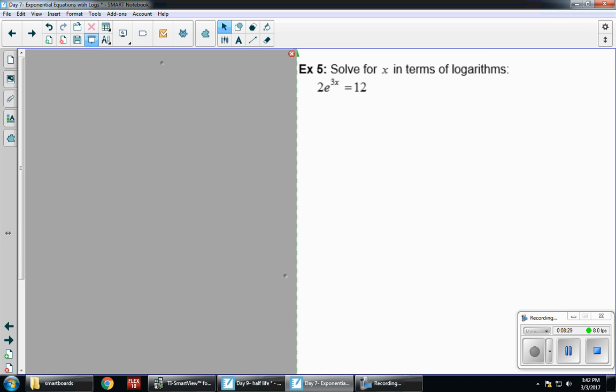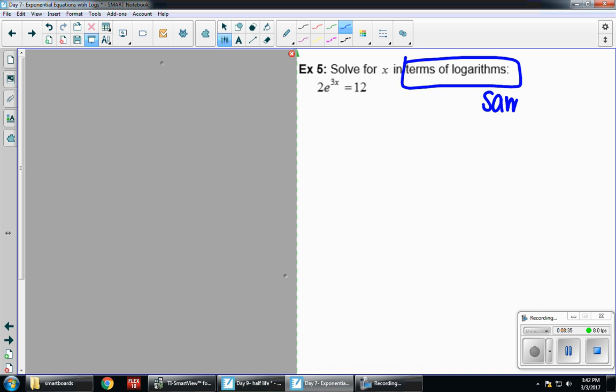Solve for x in terms of logarithms. So in terms of logarithms is the same thing as exact value. Which means I'm not using my calculator because I'm not rounding. So logs need to be in my answer. I need to isolate that base.